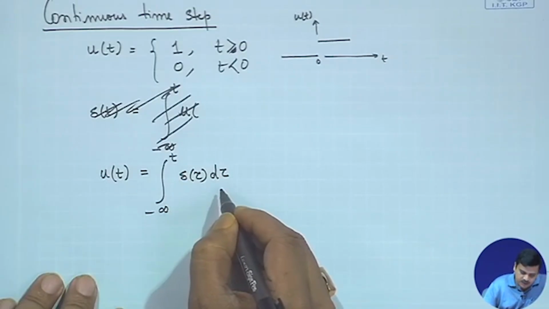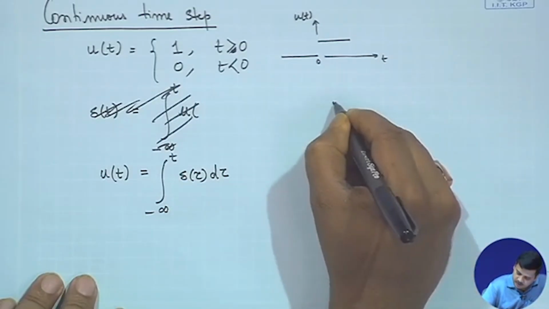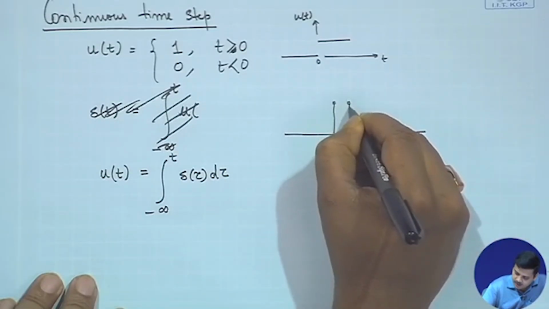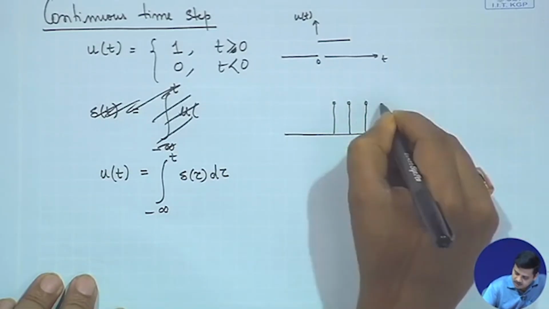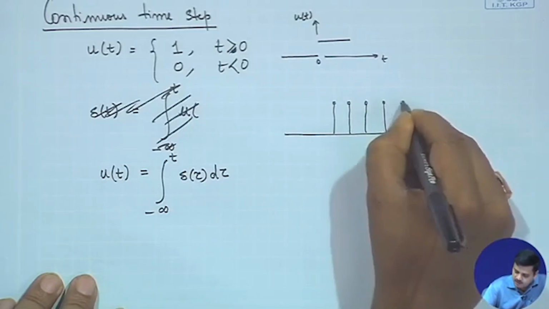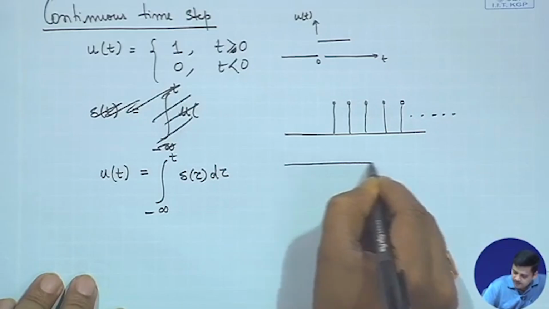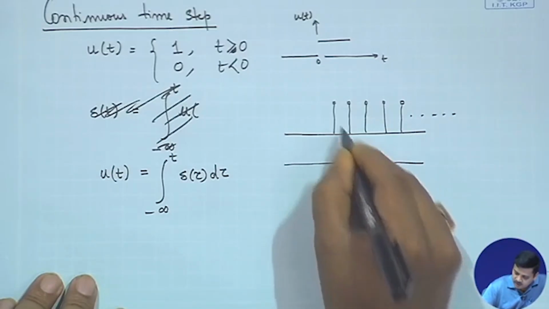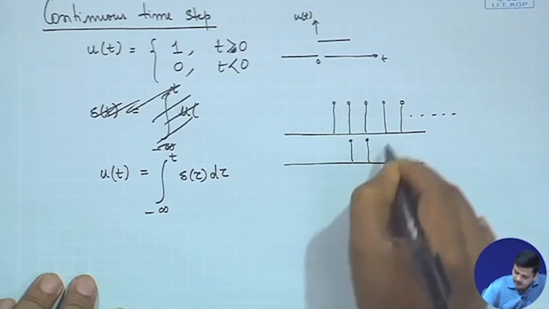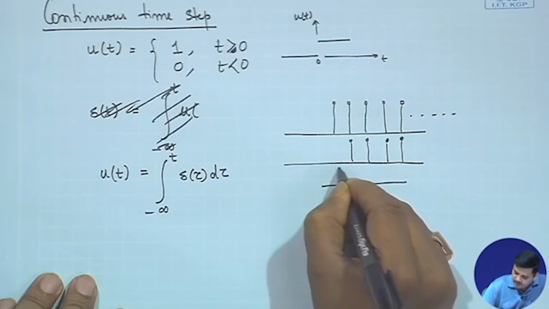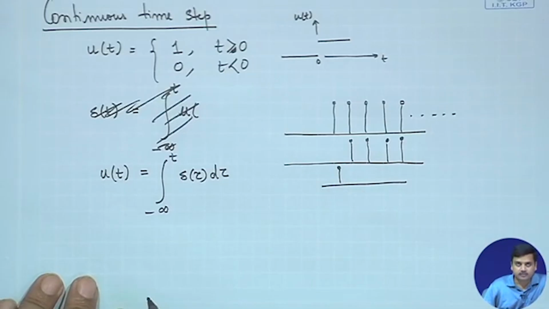To look at this, I would like you to recall the relationship of the discrete time functions, which are much easier to visualize. So, if this is the unit step function, the delta function would be a difference of the unit step function drawn over here and the unit step function drawn in this line, so that the difference would result in this delta function, right.